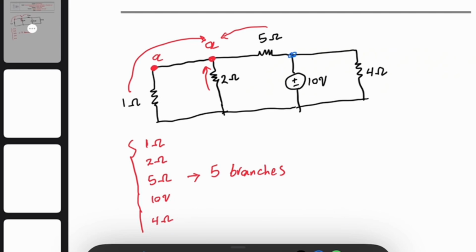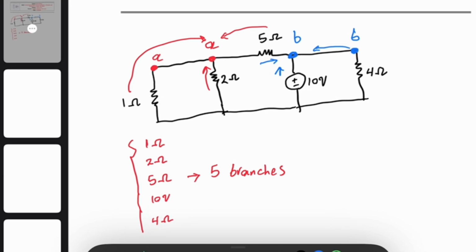So I can have here another node, I call it node B, which connects the 5 ohm resistor, 10 volt source and 4 ohm resistor again. And here, since they are connected via wire, they are the same node. So this is my second node.